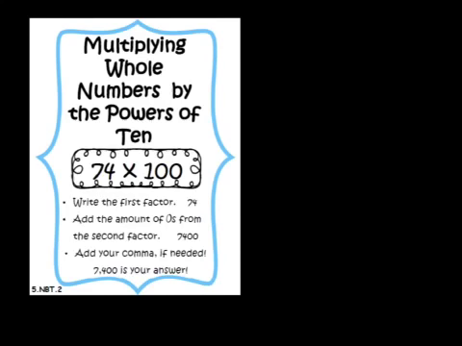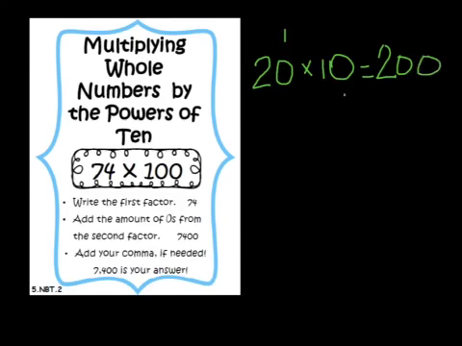Now you have to be very careful if your first factor ends with a 0. If you multiply 20 times 10, now you have to count the number of zeros in both numbers, because you can't forget that 0. So you write 20, which is your first factor, and 1 0.